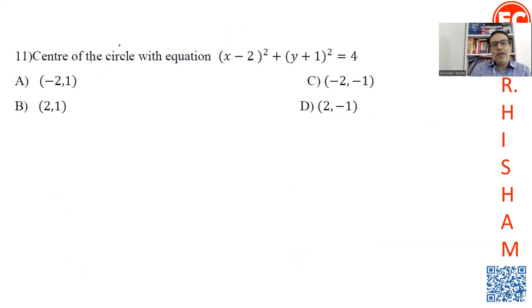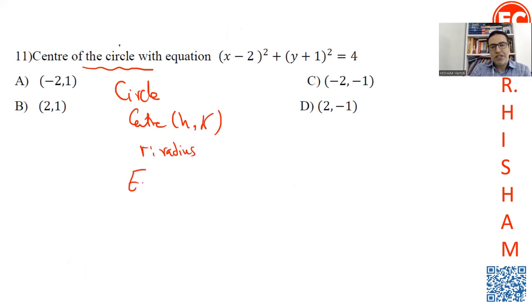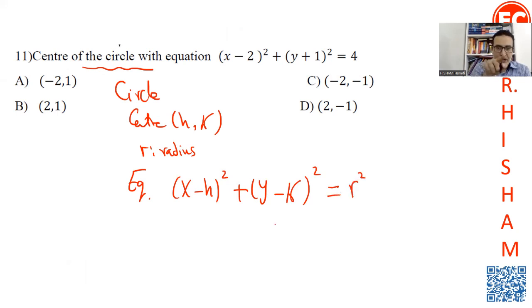Now, let's go to the equation of the circle. What is the equation of the circle? If you have a circle with center h and k, and with radius r, the equation of the circle is x minus h squared plus y minus k squared is equal to r squared. Compare this equation with the given one.